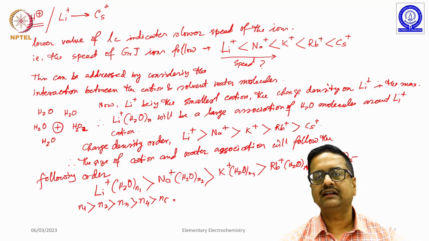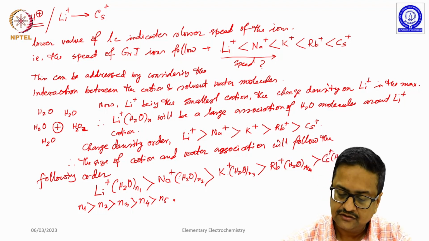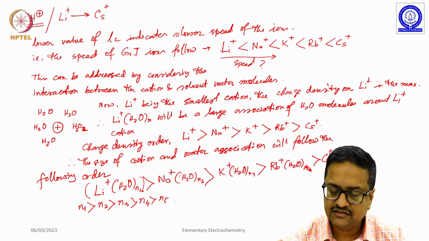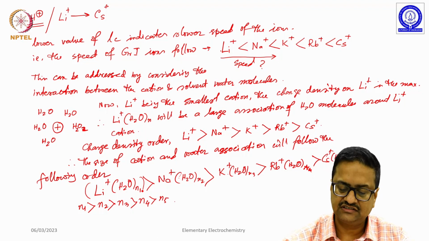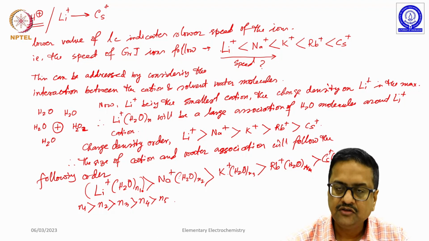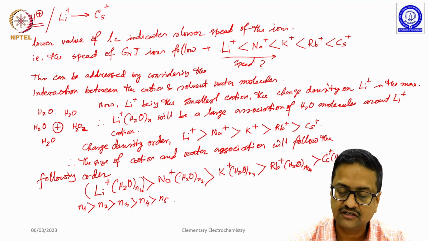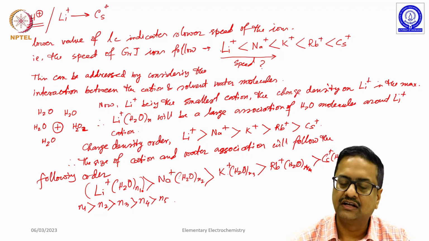So now what we can understand is that lithium has a much larger size of the cation water complex, that is cation water association, and hence the motion of that cation water complex under the influence of a potential difference is much less compared to others.